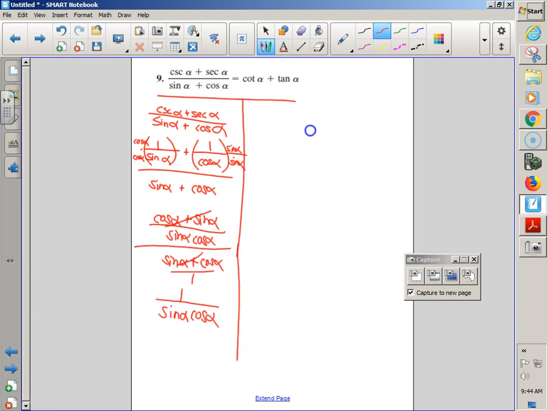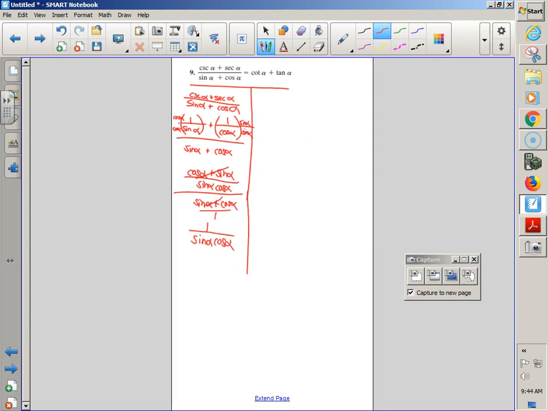If you ever get somewhere like this, it might be helpful to go to the other side and be like, well, how on earth do I get there? Maybe you actually see that you're not that far after all, because isn't this 1 over sine cosine?